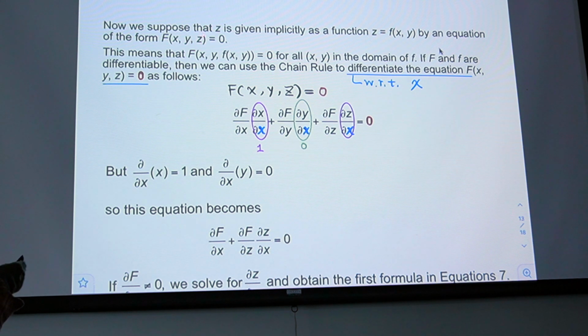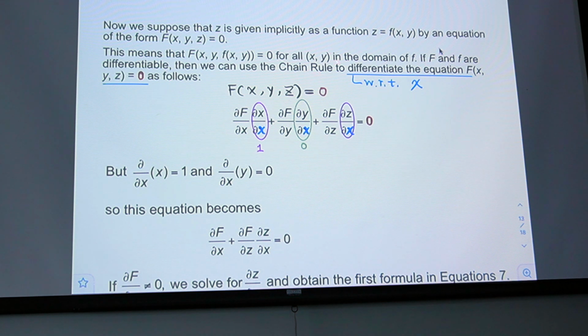The z is dependent on x and y, but x and y are independent. Suppose this capital F function equals 0 for all x, y in the domain of the function small f, and capital F and small f are differentiable.